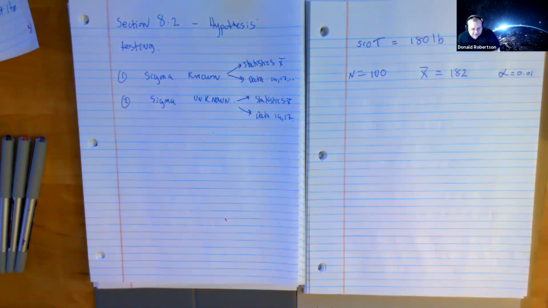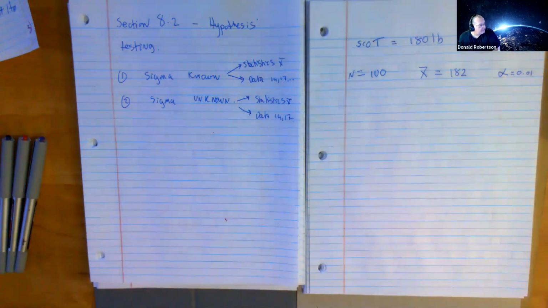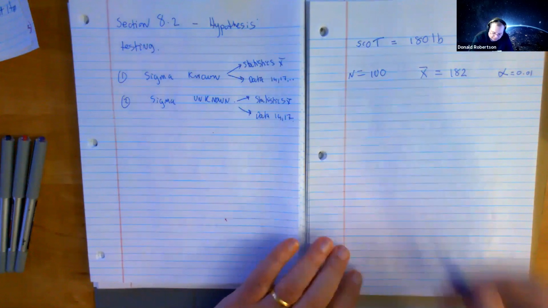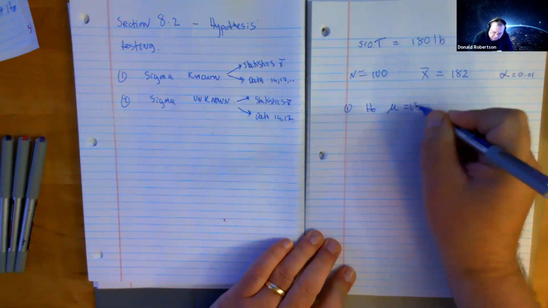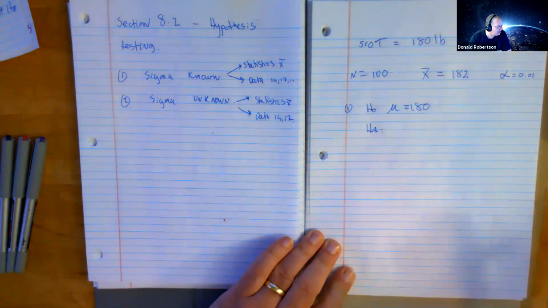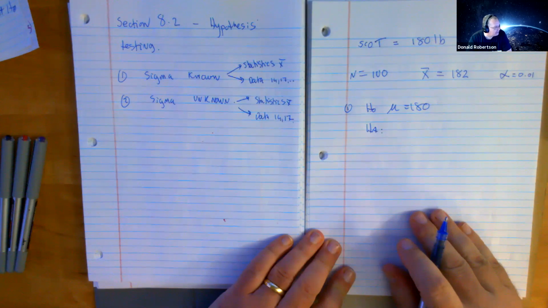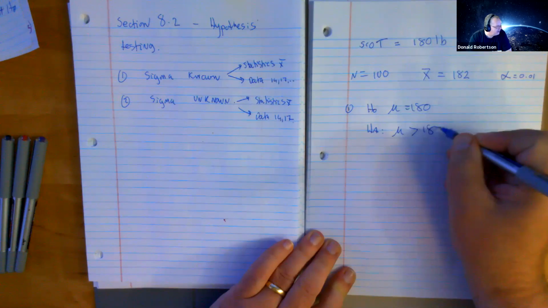So our story now is: is there enough evidence to prove that Scottish people of today are heavier than they were in the past? So H naught: mu is 180. I've just realized I keep doing bigger than today. So in this case, it is another greater than, right?